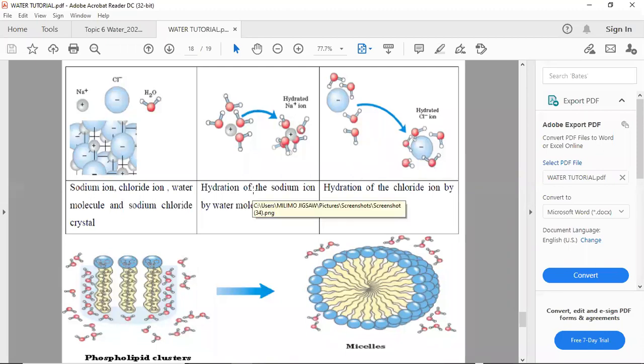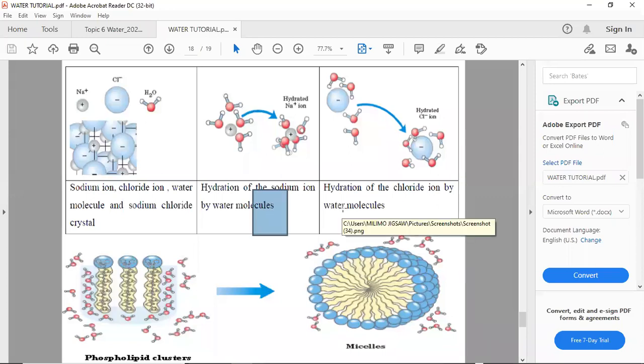However, when you look at hydrophobic substances, such as lipids, you find that since they are not attracted or they do not form any hydrogen bonds, they are going to aggregate. For example, the formation of micelles.